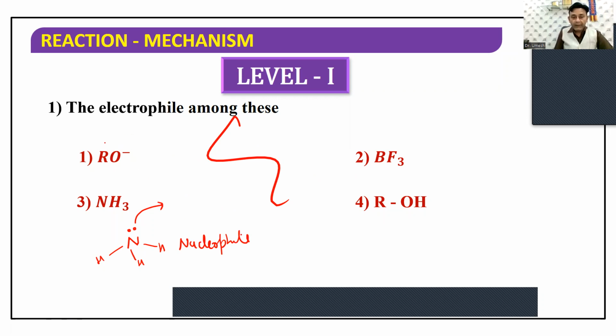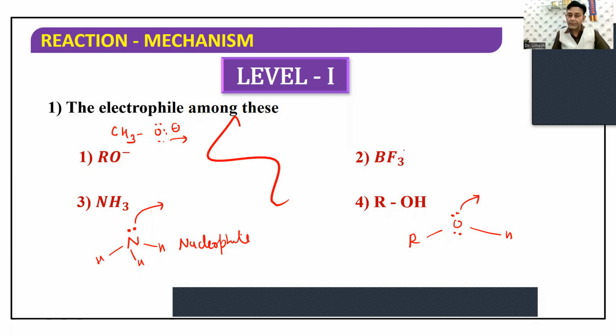And RO negative, R stands for any alkyl group, let it be a methyl group, and oxygen with a negative charge. It is also capable of electron donation, so this is also a nucleophile. And if you see this alcohol general formula, it has a lone pair of electrons and it can donate an electron pair. So this is also a nucleophile.